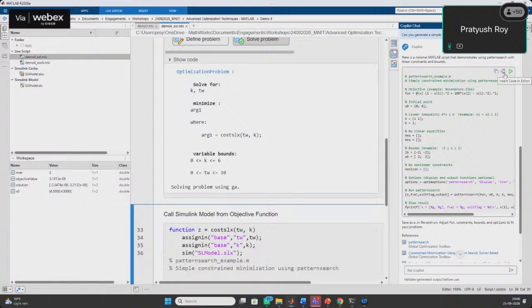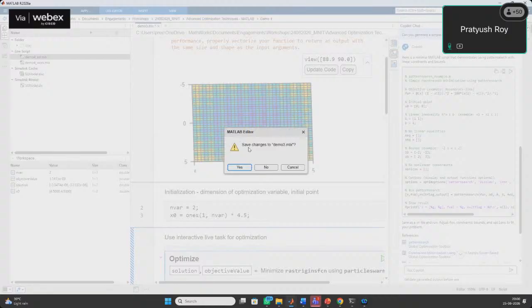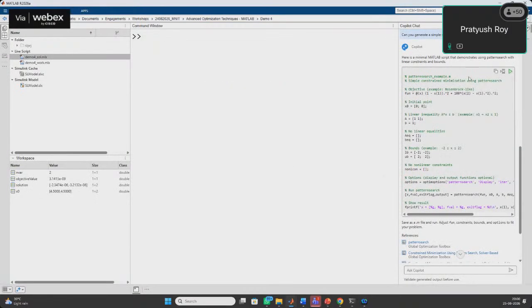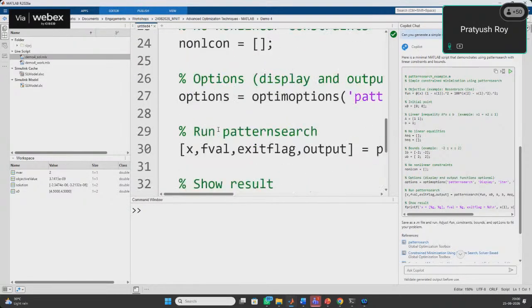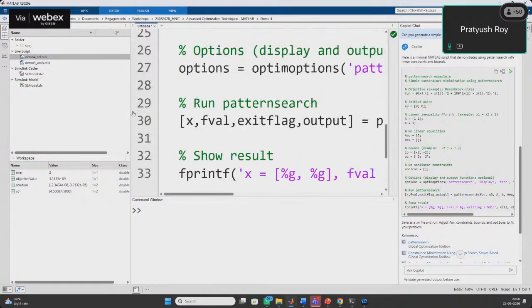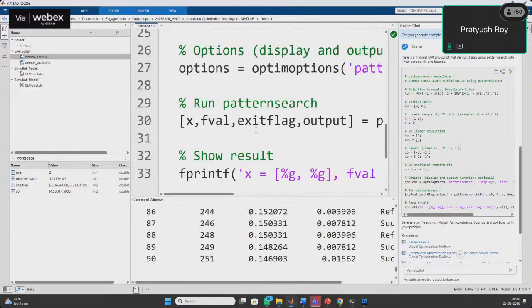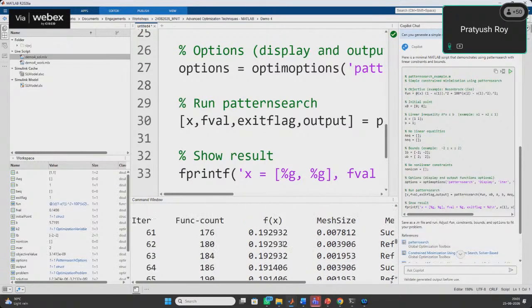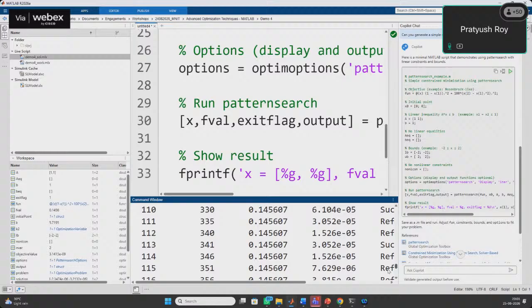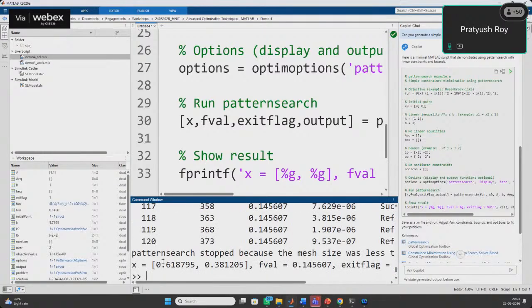So what I can do is create a script out of this. Whatever is written here, I can just click here and it will create a script out of it. Based on that, I can run this optimization routine. I was able to run around 120 iterations of the same and got the solution for this.